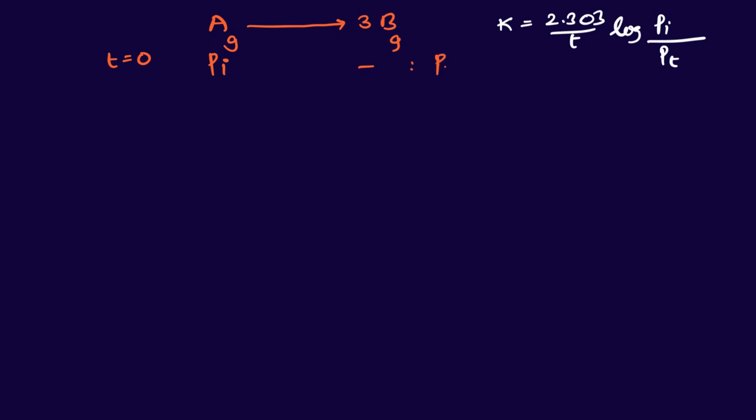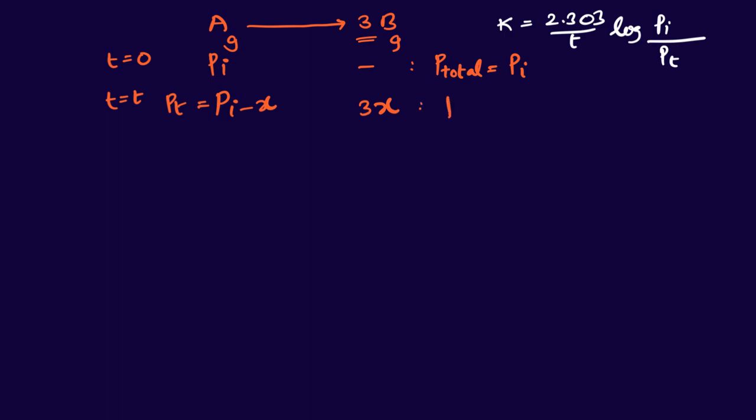Then P total is equal to Pi. At t equal to t time, this is called Pi minus x. Then here according to its stoichiometric coefficient, this is called 3x. This will be called pressure at t time.